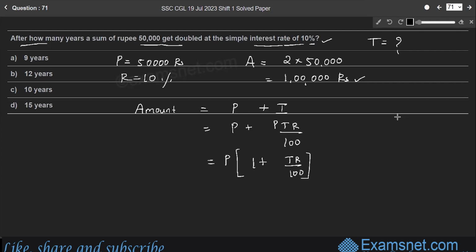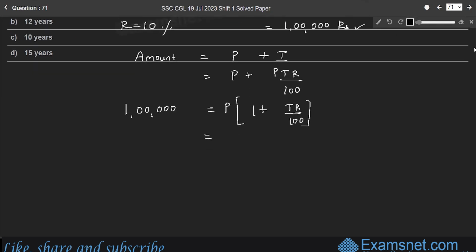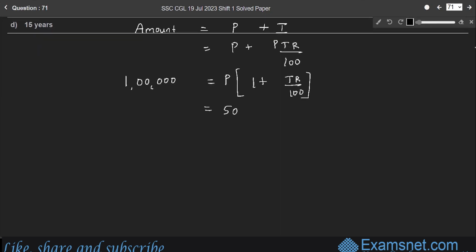Substitute the values. Since the amount one is going to receive is 1 lakh rupees, it is equal to principal 50,000 into 1 plus, time we need to find, and the rate of simple interest is 10% divided by 100. Take this 50,000 to the LHS part. So 1 lakh by 50,000 becomes 2 is equal to 1 plus T by 10.